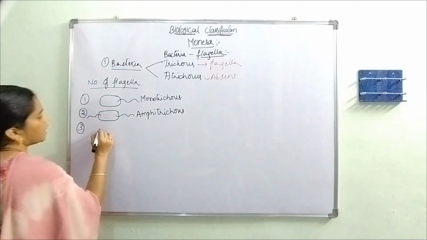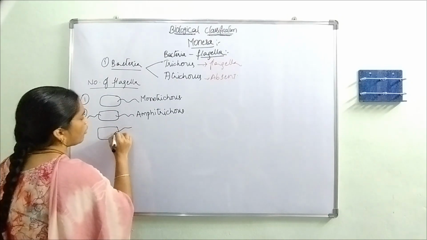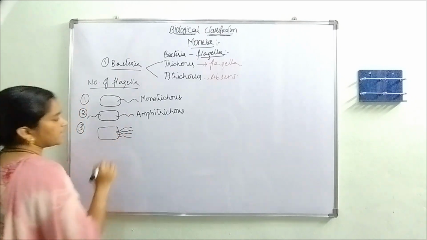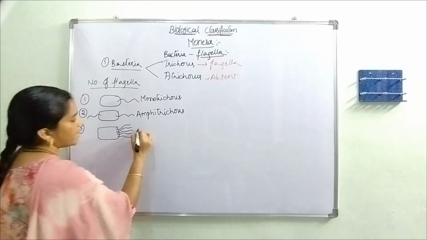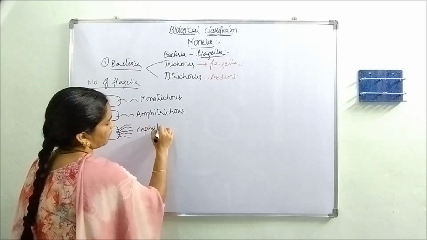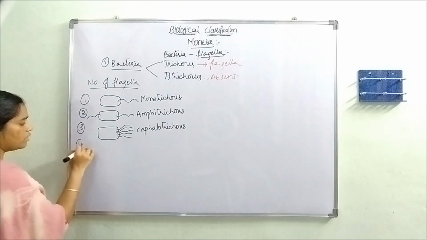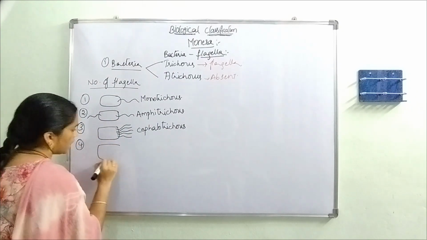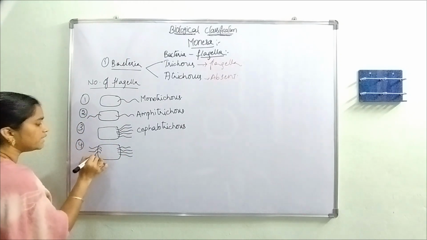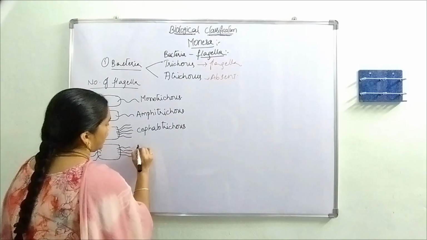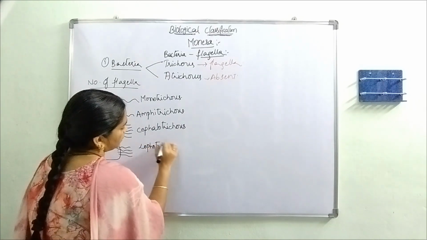Number 3, if a tuft of flagella, that is a group of flagella, is present at one end of the bacterial body, then it is called cephalotrichous. Next, number 4, if a tuft of flagella is present on both the sides of the bacterial body, then we call it lophotrichous.